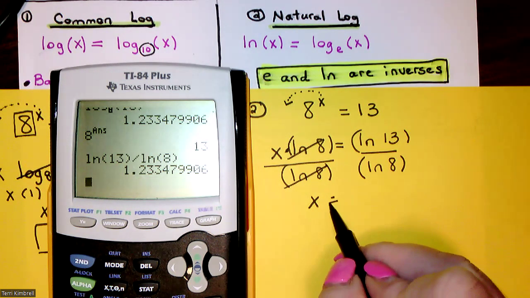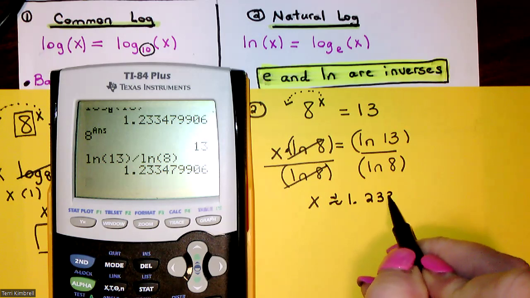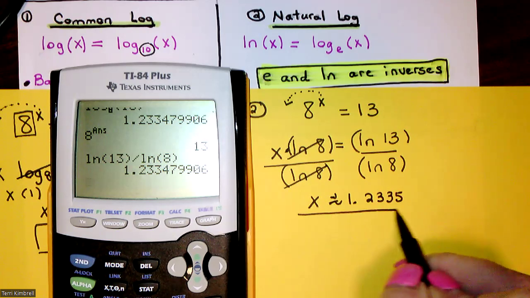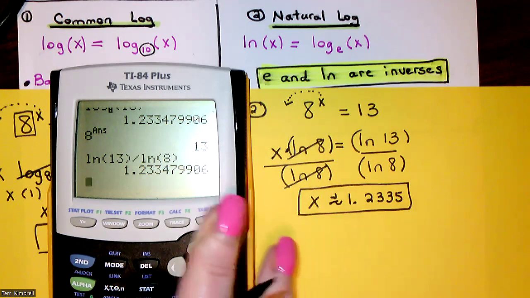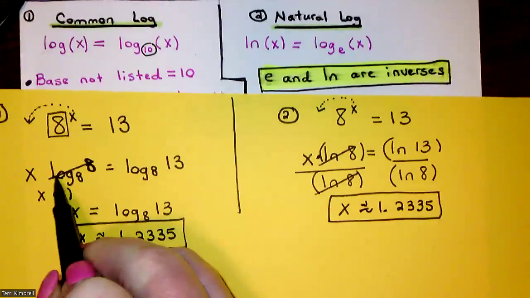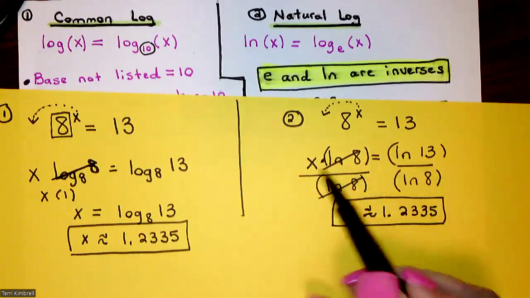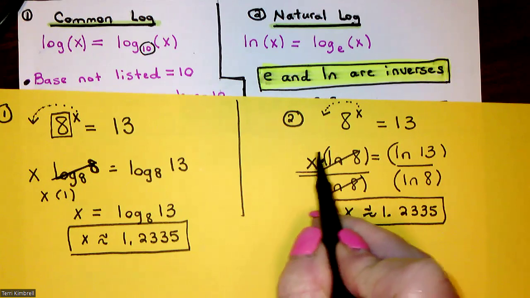And see, I get that approximate decimal again, 1.2335. So you can solve with your same bases as inverses, or you can use your ln and then divide to get your x value here.